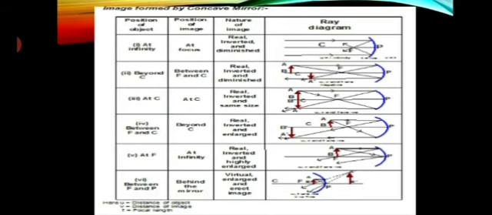As I said, when an object is placed at infinity, the light rays coming from the object appear to be a parallel beam, or parallel rays, which you can see here.